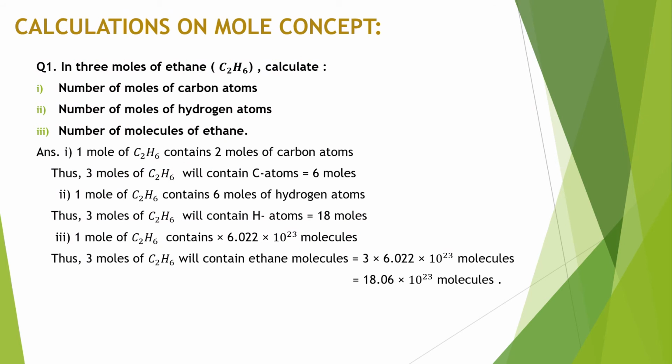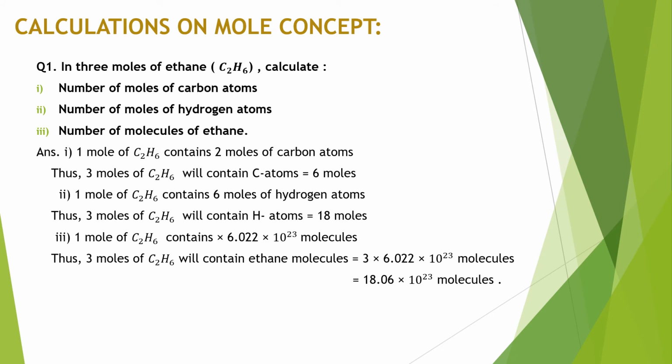The first question is, in 3 moles of ethane, that is C2H6, a hydrocarbon, which all of you must be knowing, calculate the number of moles of carbon atoms, the number of moles of hydrogen atoms, and the number of molecules of ethane. So first, in 3 moles of ethane given to you, you have to calculate the number of moles of carbon atoms.